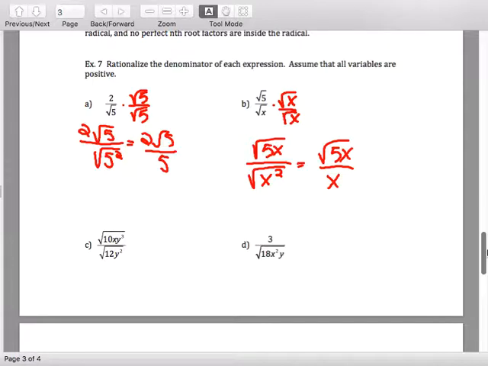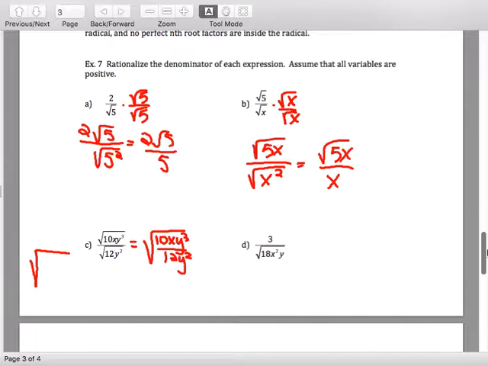Now, in letter C, what I want to do is put this underneath the same radical first and reduce it. I do not want to multiply by the square root of 12y squared because that's going to make life complicated. It's allowable. You actually can do it, but it'll make your life really rough.